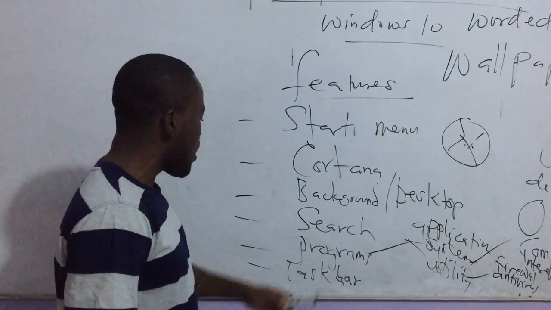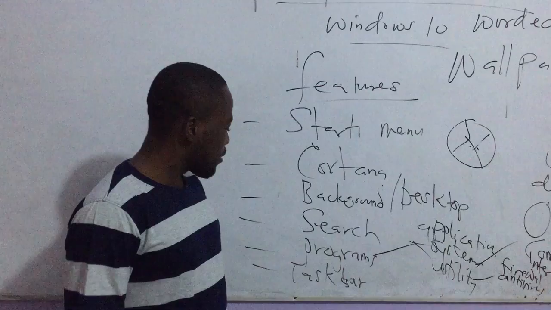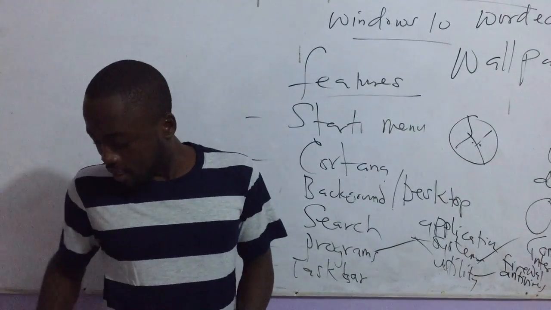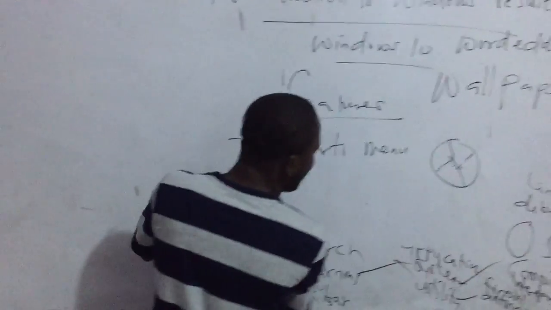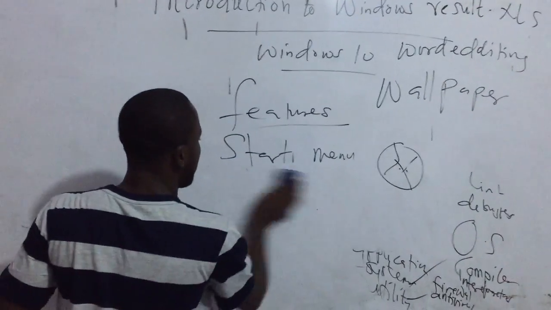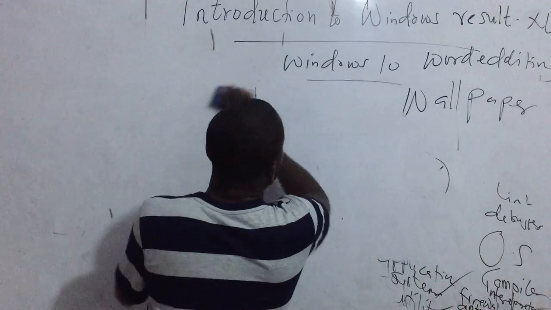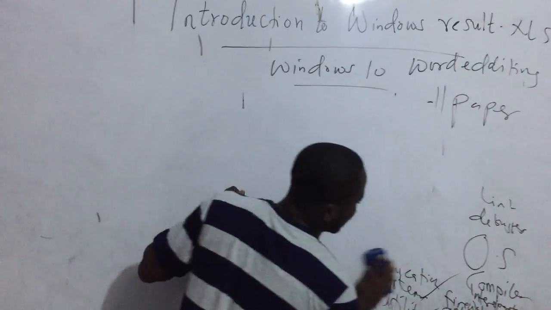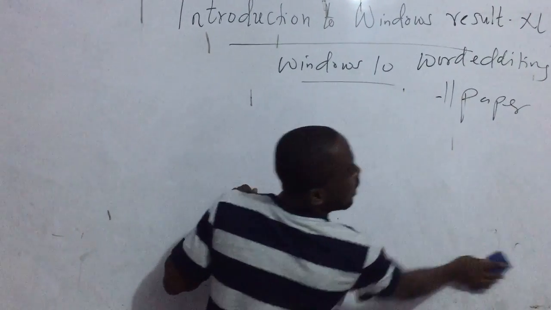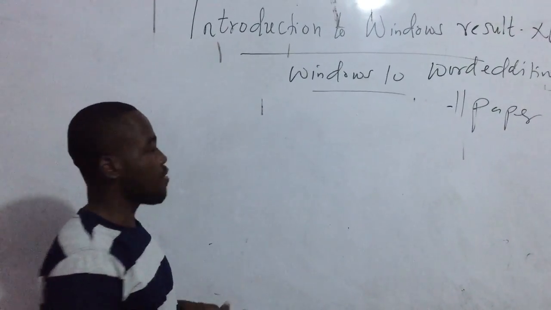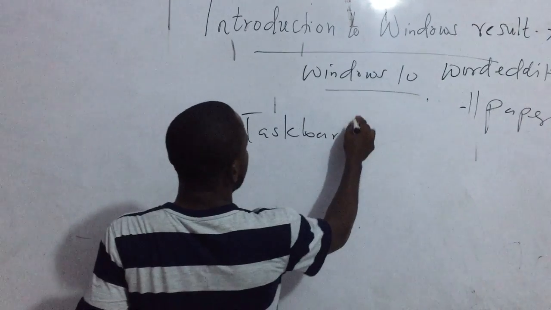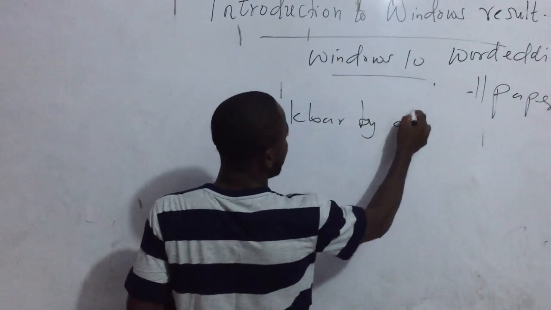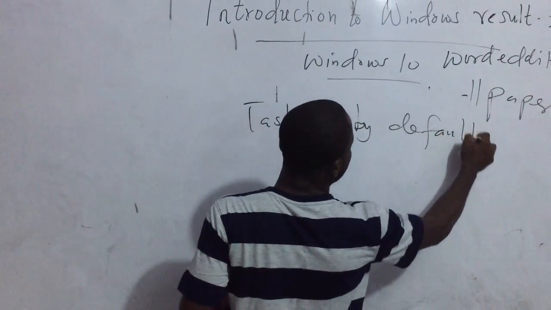So let's look at the taskbar. The taskbar by default is a horizontal bar that lies beneath the desktop, at the bottom of the desktop. I use the word default because the orientation can be changed.